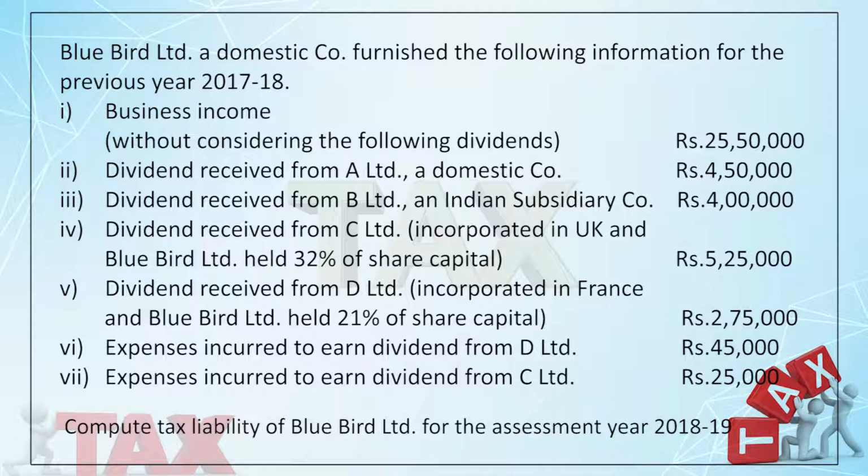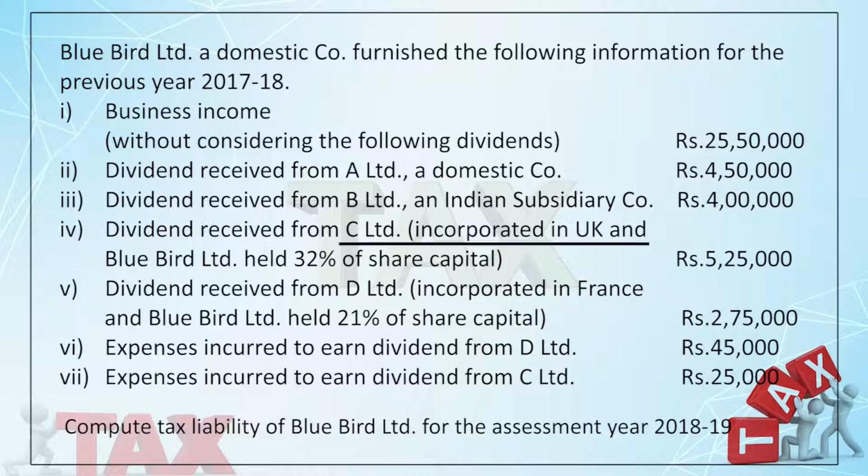Dividend received from D Limited, incorporated in France, and Blue Bird Limited held 20% of share capital. Expenses incurred to earn the dividend from D Limited, rupees 45,000, and expenses incurred to earn the dividend from C Limited, 25,000.